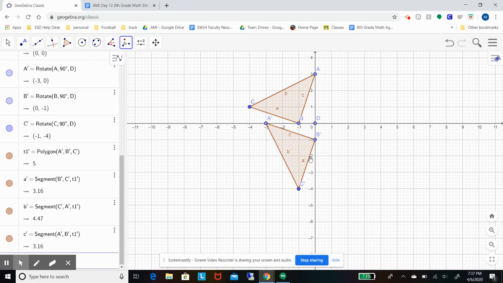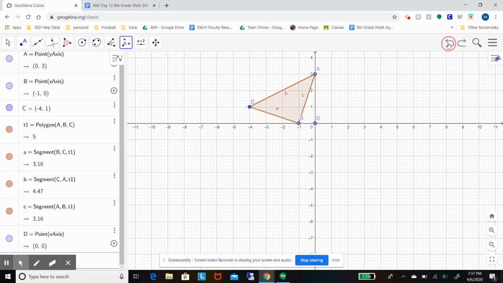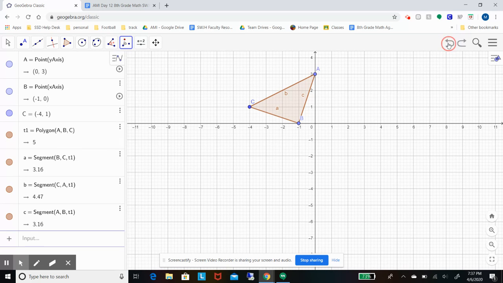And so as you can see, same shape, same size. As I look at the orientation, A to B to C is clockwise, A prime to B prime to C prime is clockwise. And then if we look at our third transformation, we're going to reflect.